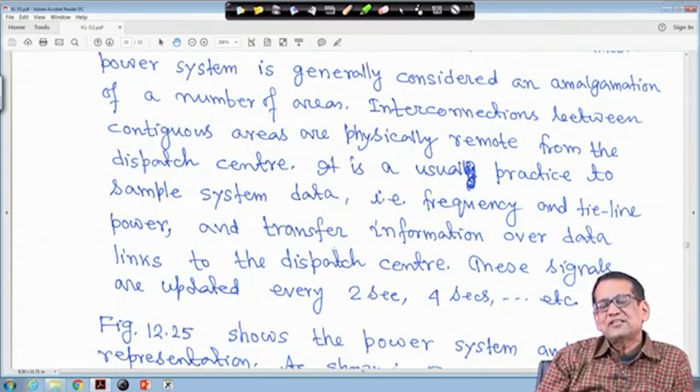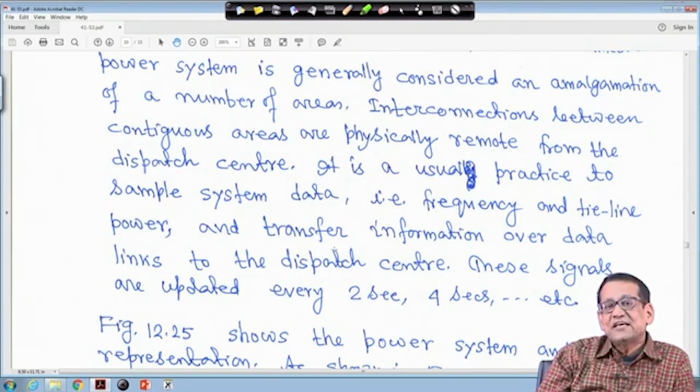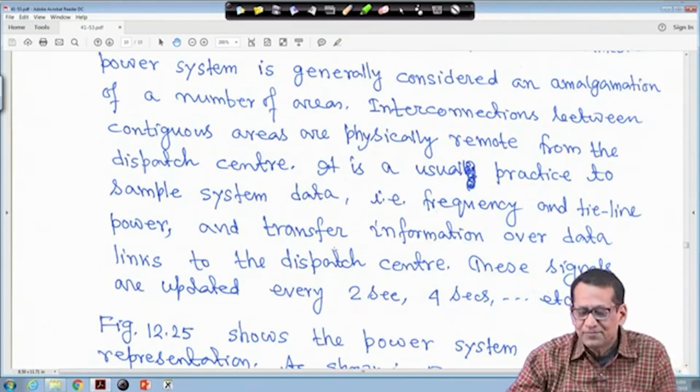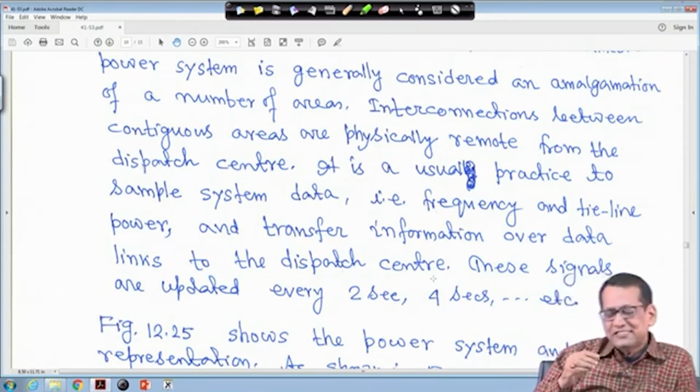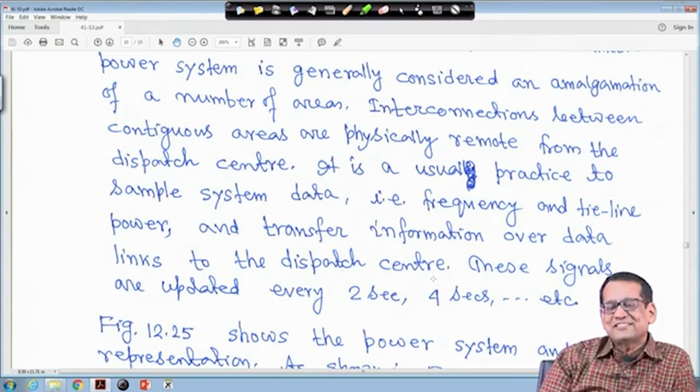You have to sample the frequency and tie power and combine them together. At every sampling instant you sample the area control error for each area and transfer this information over data links to the dispatch center. There is some delay associated with that, but it is very small and we will not consider it.